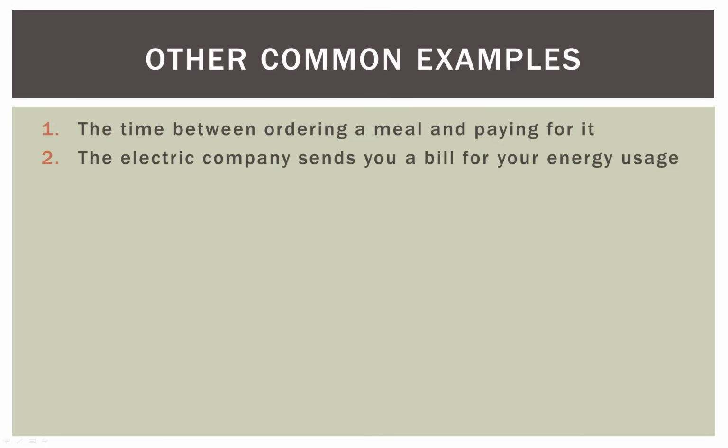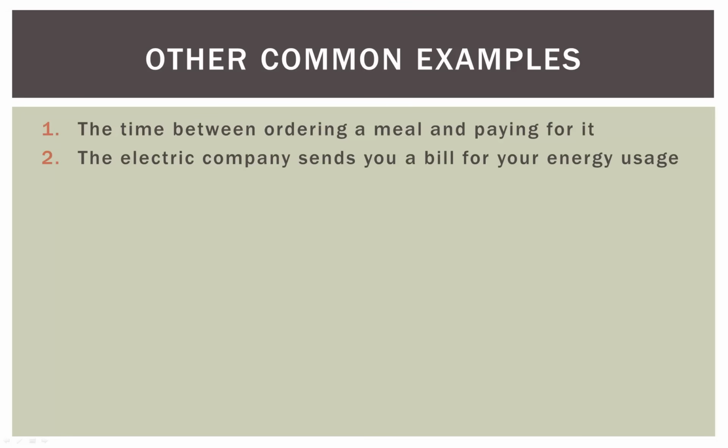Number 2, the electric company sends you a bill for your energy usage. You use a certain number of kilowatt hours during a month, and maybe the power company comes by and reads your electric meter, they write it down, and then they send you a bill for the difference between the last reading and the most current reading. So what has happened here?